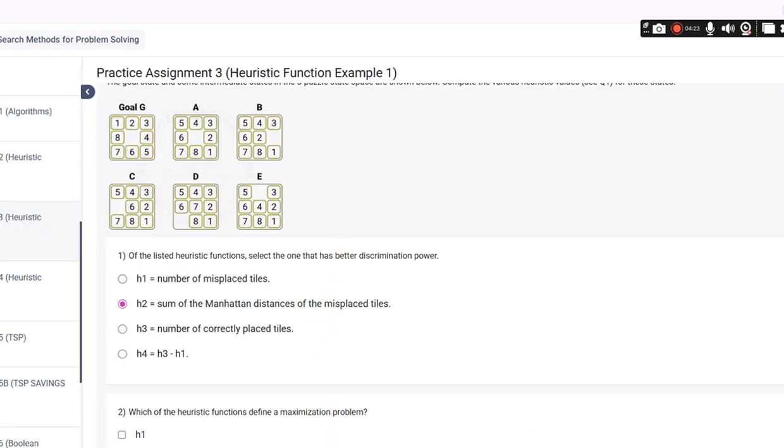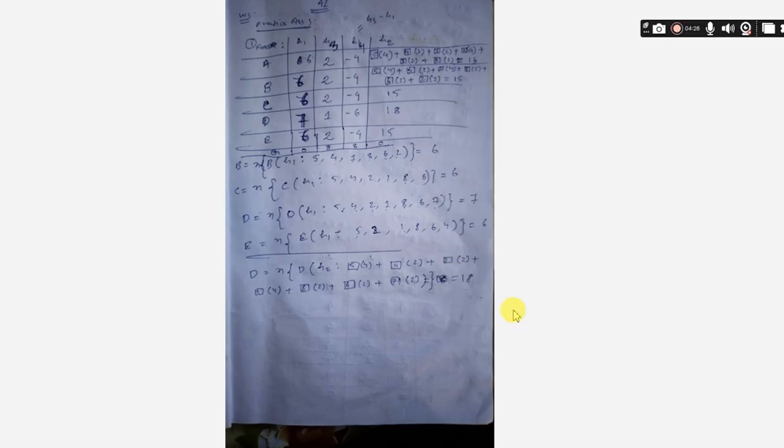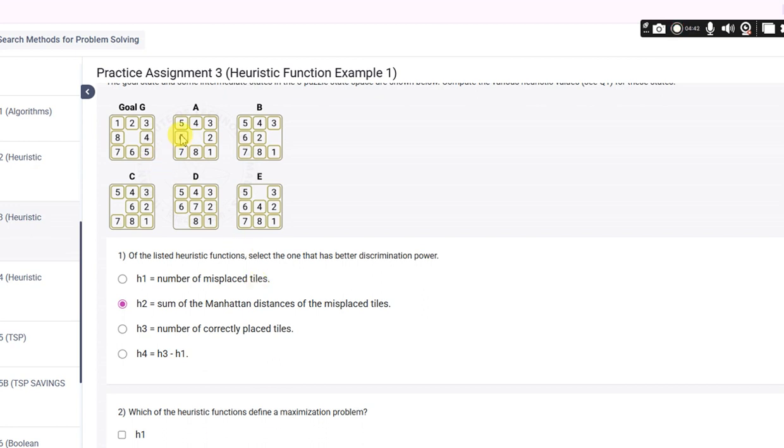If we see what the number of misplaced tiles will be, then we can easily see that for A it is 6, because here 5 4 is misplaced from goal, and 3 is in the correct place, 2 is misplaced, then 1 is misplaced, 8 is misplaced, 7 is in correct position, and 6 is misplaced.